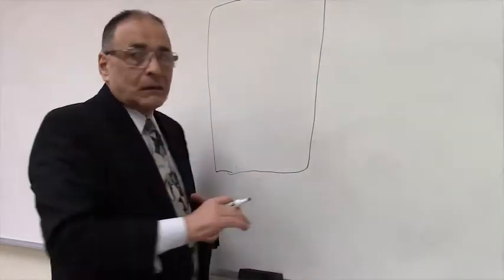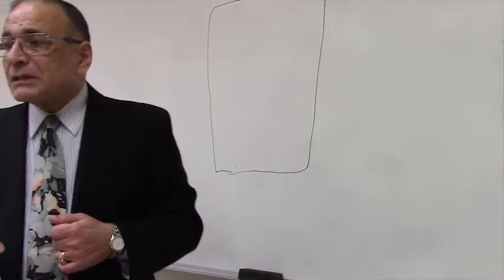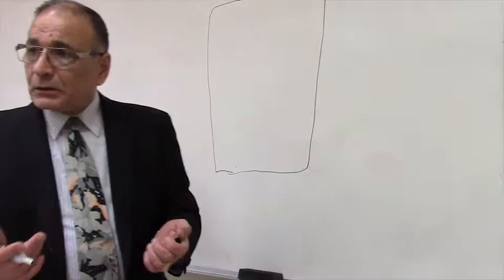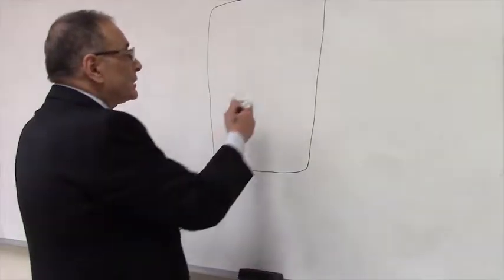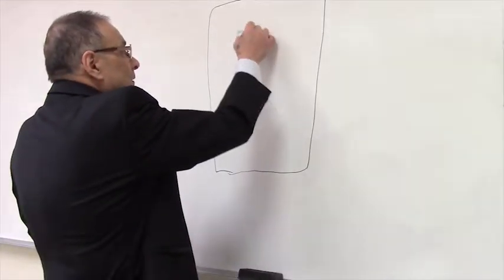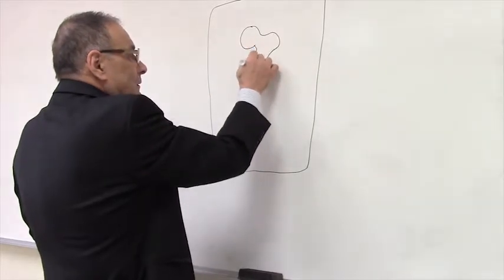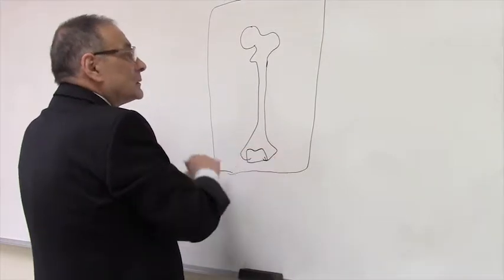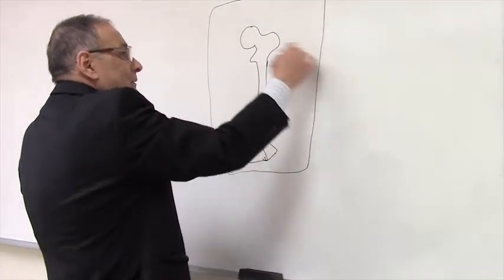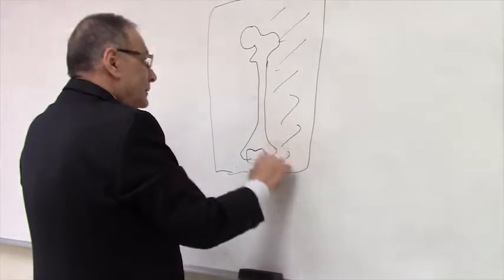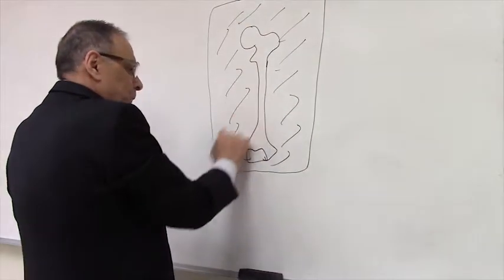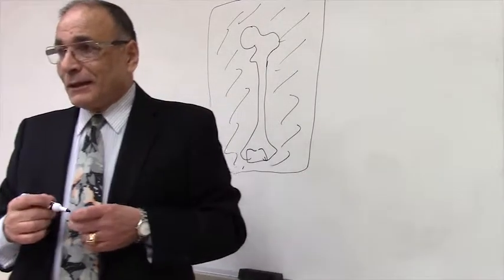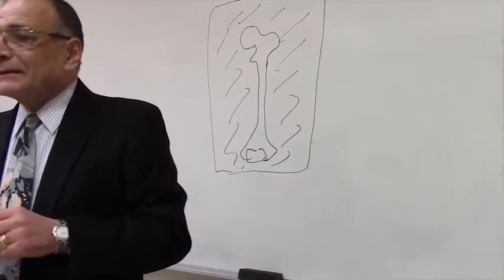Black. But not just black, right? It has gray or white shadow, like here. This is black and this is white. So they could see it.